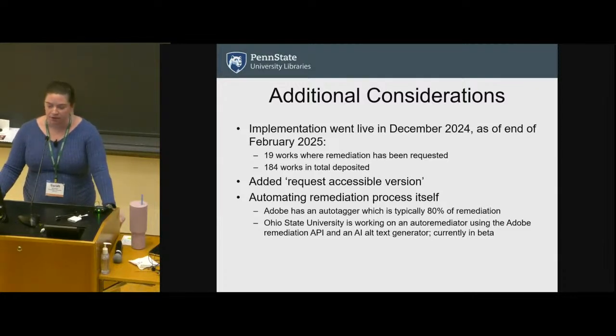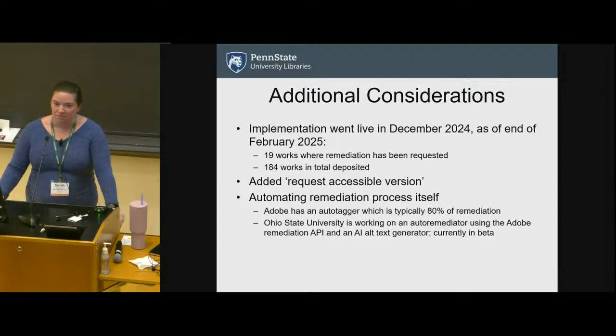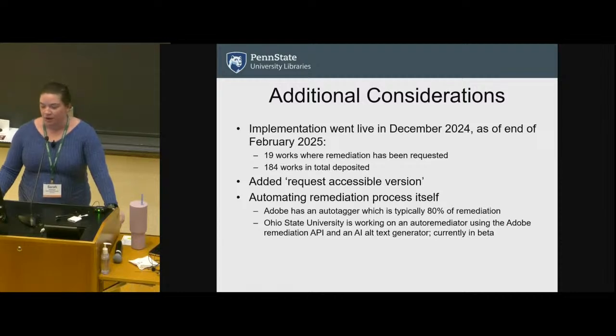Any file we have has this button associated with it, and it will send it to the accessibility remediation team, and they'll be able to get them the accessible version of that document. While we'd love to make everything accessible right off the bat, we do have to balance man hours versus being able to provide that as a service. So that was our best in between.